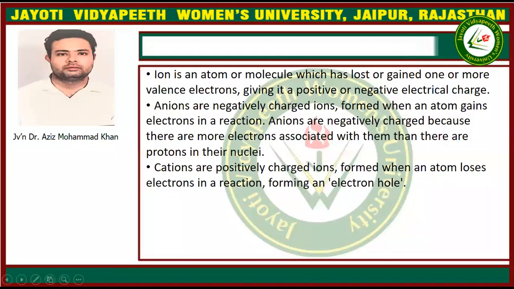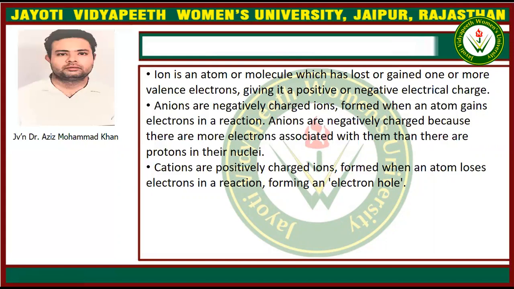So in ion exchange chromatography, the separation is on the basis of negative or positive electrical charge. Anions are negatively charged ions formed when an atom gains an electron, and anions are negatively charged because there are more electrons associated with them.